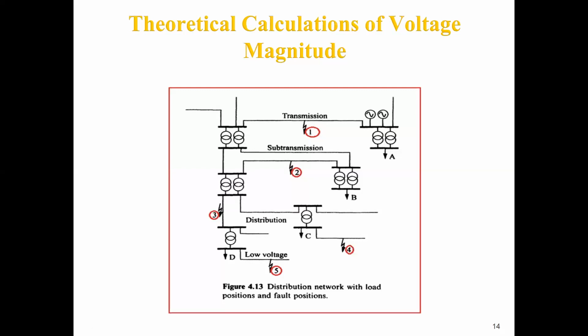Similarly, if you can see when the fault is at position 4, there is a deep sag for customer C because it is very near, and for customer D, which is connected further, we can anticipate a shallow sag. Whereas again, B and A are almost not affected. Similarly, take the fault at position 5, the vice versa of position 4.